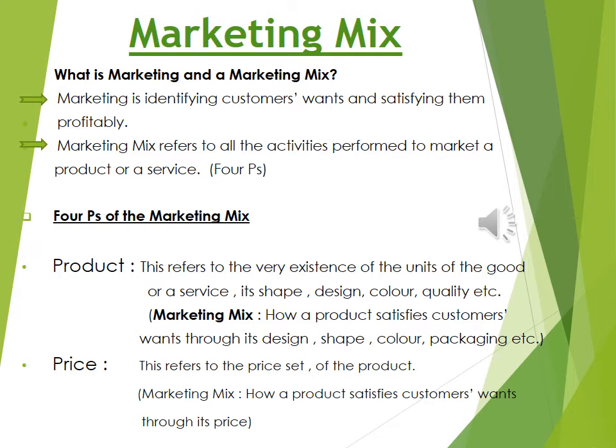The first one is product. Now what is the product? And through this aspect, how can we satisfy the customer's needs and wants profitably? How can we market a product through this category, product? What do we mean by product? Product means the make, the shape, the existence, the design, everything that is visible, its size, its shape, its design, the very being of the product, the material that is in front of the customer is the product itself.